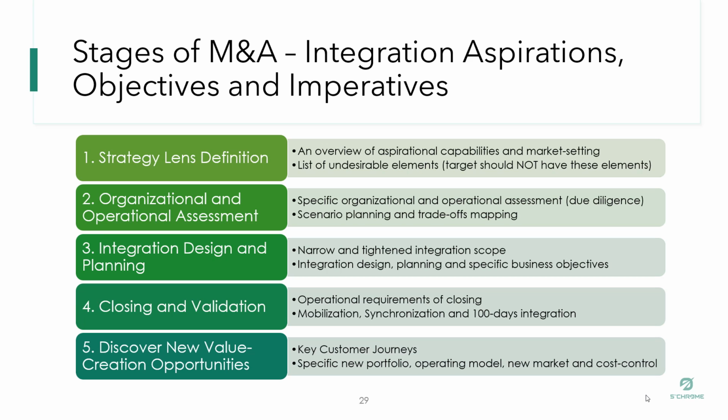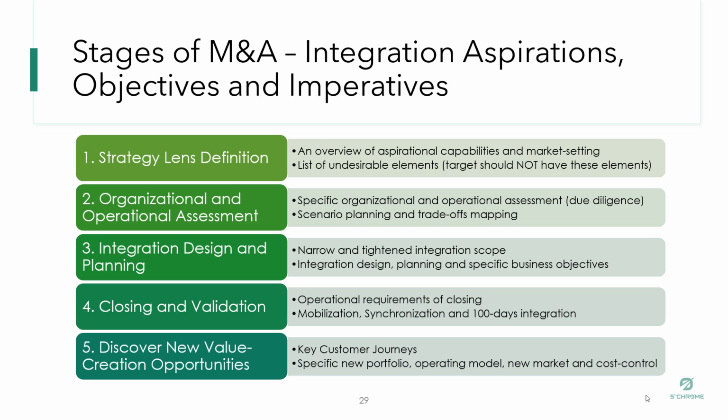And then the last one is new value creation opportunities. Here I've mentioned a couple of things: key customer journeys. This is essentially for cross-selling or upselling. You start looking at certain customers where there's going to be cross-selling. You have to define how you're going to sell to a potential new customer.